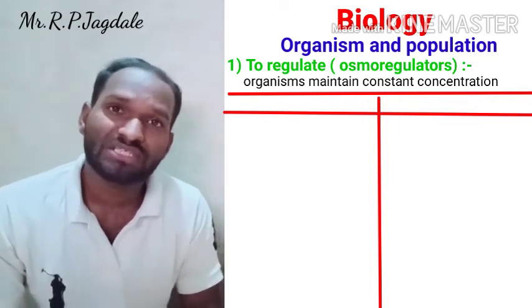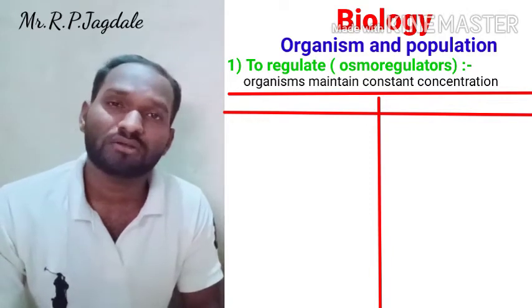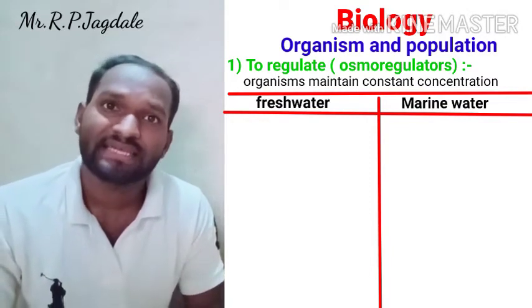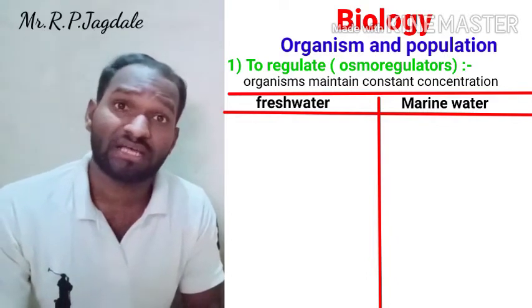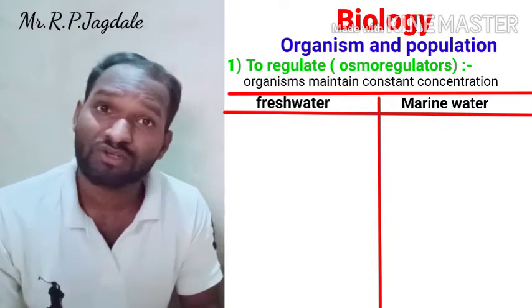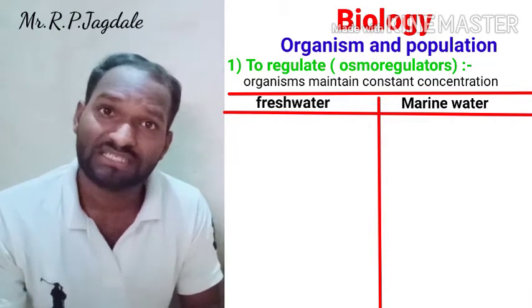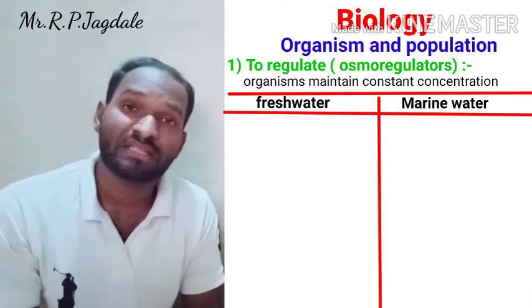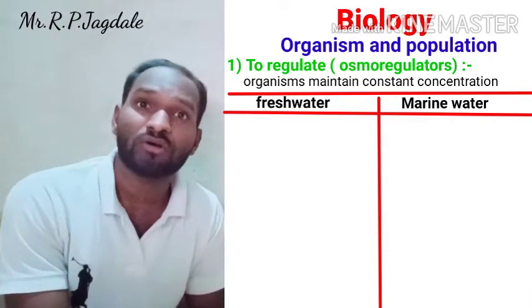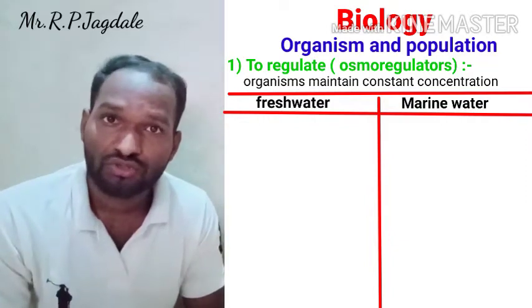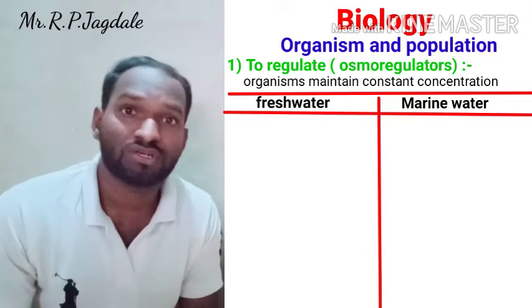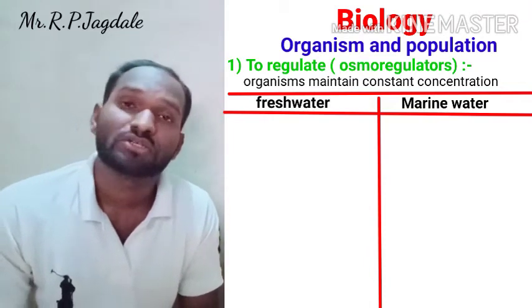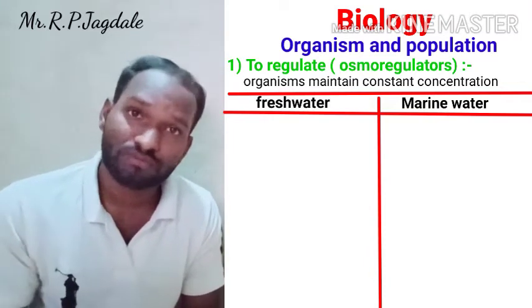Suppose a fish has an internal ion concentration of 15%. There are mainly two cases in an aquatic medium: one is fresh water and the other is marine water, which we can call sea water. The osmolarity of fresh water and sea water is different, so we will see both.